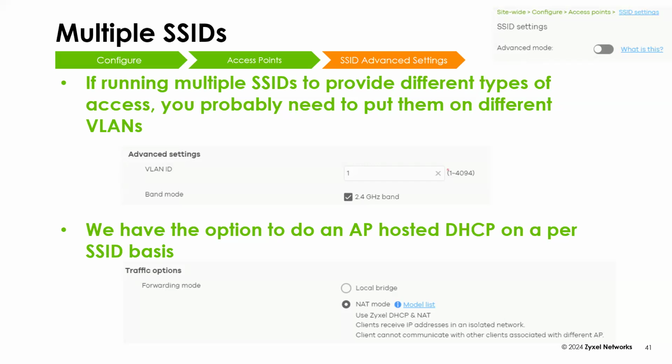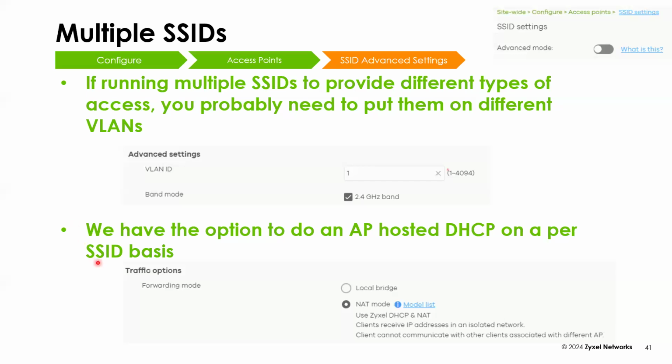So generally, if you're using multiple SSIDs, it's because you're trying to create different networks with different access to local resources. So you're going to want them each on their own VLAN, and you're going to want to have VLAN-aware switches and gateway.